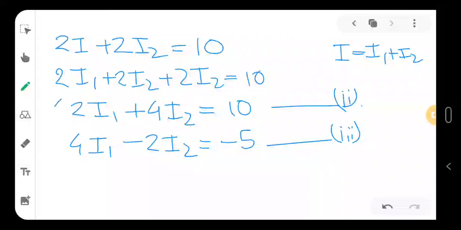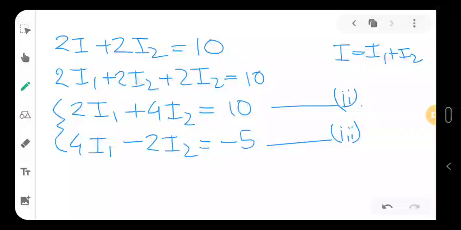Now we just have to solve for these two equations in order to get the values of I1 and I2 easily. So what I can do, I can directly multiply the lower side with 2 and I can easily find out.